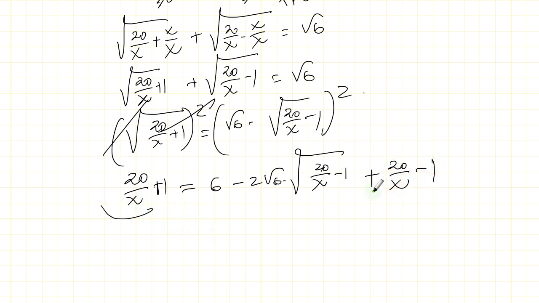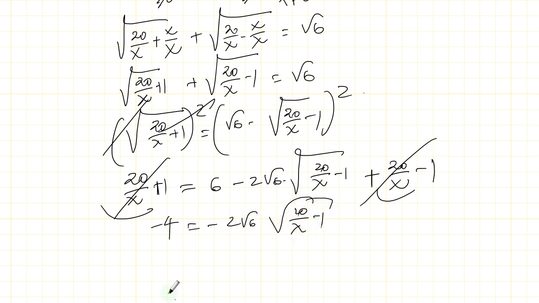The 20 over x terms cancel out, and 6 minus 1 is 5. Coming to this side, we have negative 4 equals minus 2 square root of 6 times the square root of 20 over x minus 1.